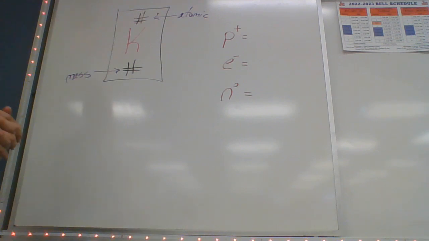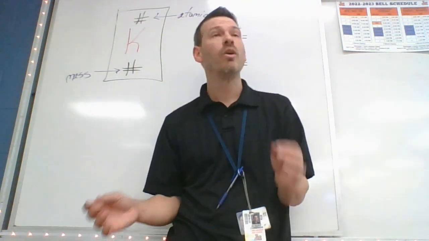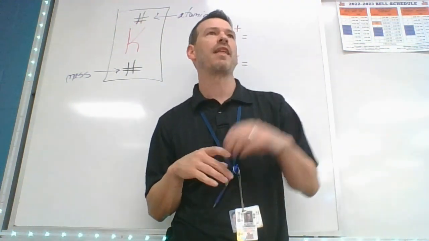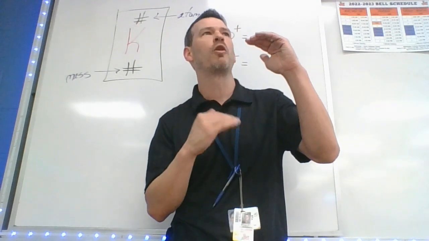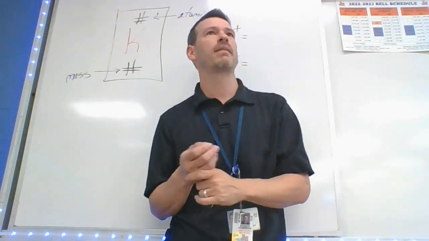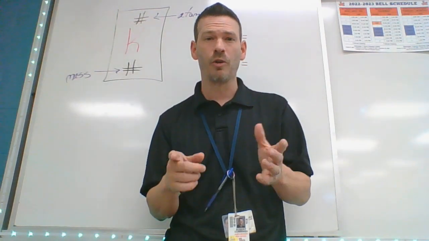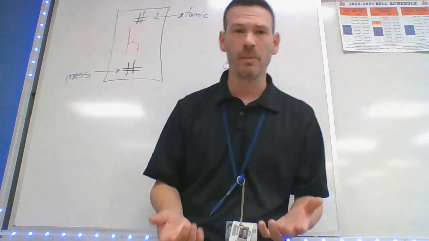Atomic number's up top, mass number is on the bottom. And if you want to add a side note that might be helpful, you could mention to your brain that the atomic number is always smaller than the mass number. It has to be. If you're interested in that fact, it might help you later. The atomic number is always smaller than the mass number for a given element.